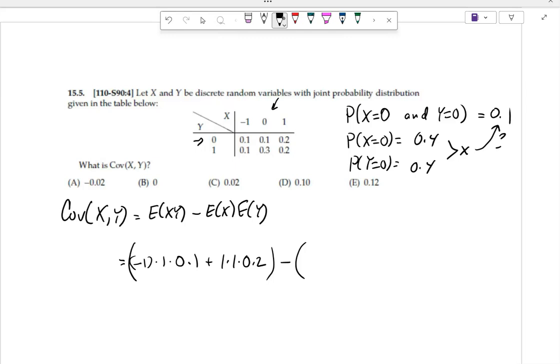The 0.1 and 0.3, right? Again, I don't need to worry about this column, do I? Because I would take 0 times each of those, right? Okay. What's the negative 1 going to get multiplied by? A 0.1 and another 0.1, right?